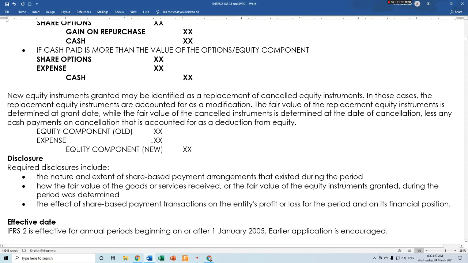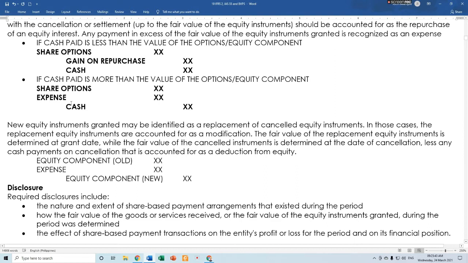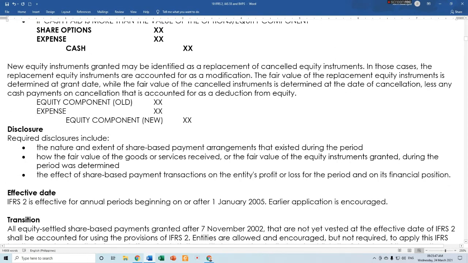Okay? Kasi nga, sinabi nga natin na kapag yung modification magre-result ng fair value na mas mababa, diba? Ang gagamitin mo, yung original pa rin. Diba? So, malamang ganyan yung lalabas dyan. Okay? Pero in this case kasi, repurchase yung ginawa. Dito, replacement lang. Okay? So, ito yung entry natin dyan.